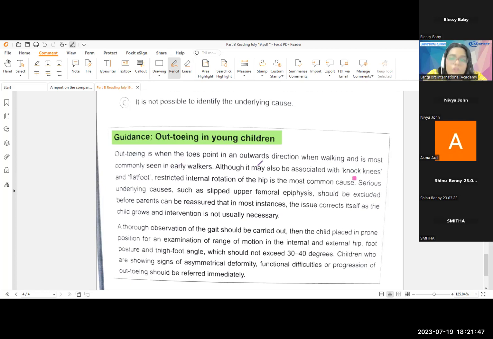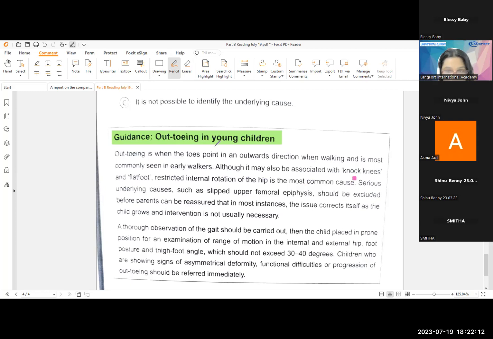Usually this condition is associated with knock knees or flat foot. Even so, restricted internal rotation of the hip is the most common cause.